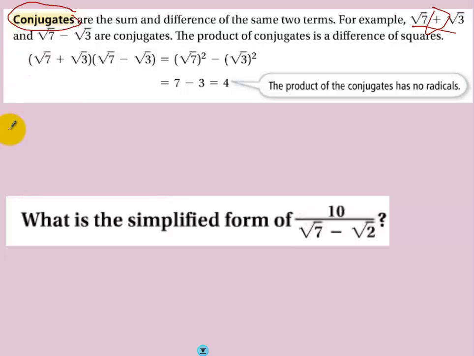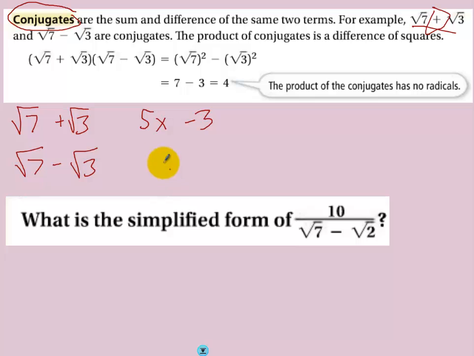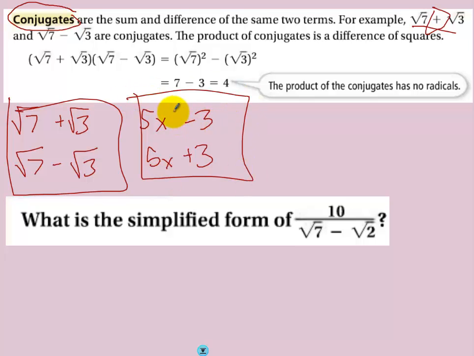Some examples for conjugates would be square root of 7 plus square root of 3, and then the conjugate for that would be the square root of 7 minus square root of 3. Another example would be 5x minus 3 and 5x plus 3. These would be conjugates because one is plus and one is minus.